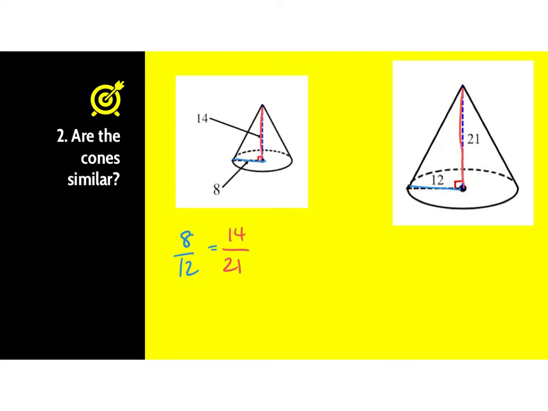On this one, I'm just going to show that cross multiplication. So here, 12 times 14, which is 168. And we have 8 times 21, which is 168. Since these are proportional, we can say yes, the cones are similar.